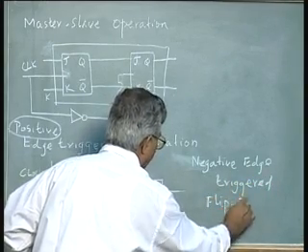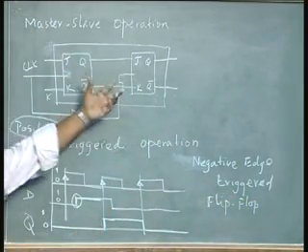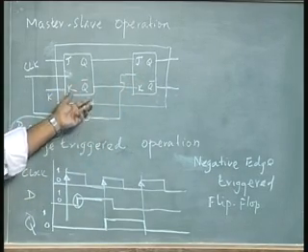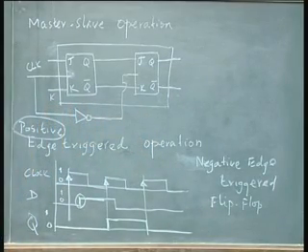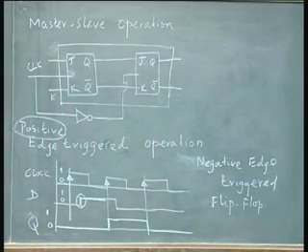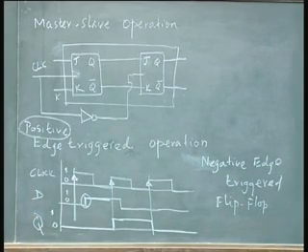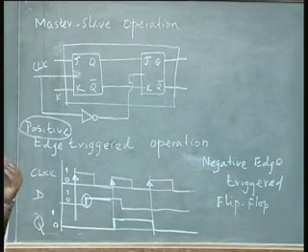So, these are the two options: the master slave option, where you require an extra flip flop, because of that extra hardware and the little slowing down of the maximum frequency of operation. I will not worry about it too much. The maximum frequency of operation today is so high, and for most of the common circuits that we design in digital circuits, except in very, very high performance circuits, this is not a problem.